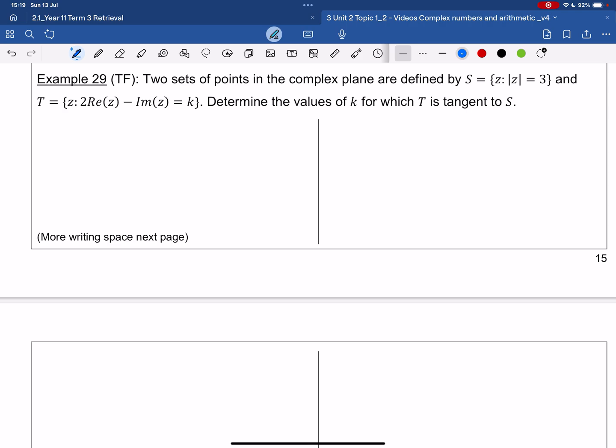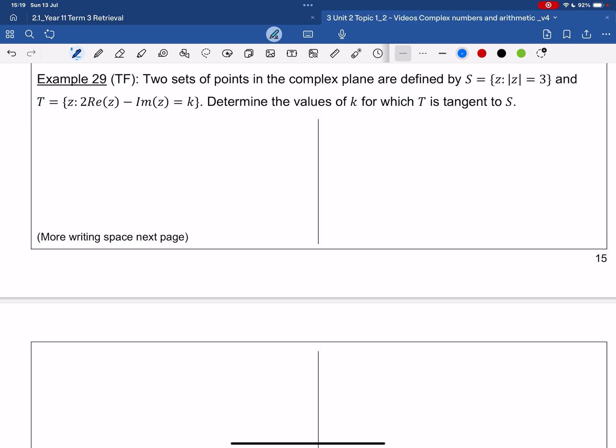Now, both of these equations don't look familiar at all. However, if we follow our process and make Z equal to X plus YI, hopefully once we've worked through them and got them into Cartesian form, we'll be able to identify what these two equations are and continue from there.